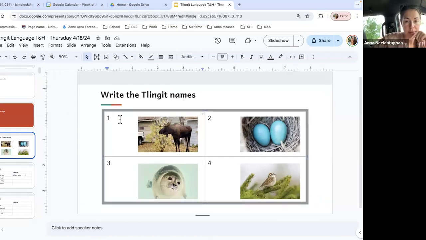So first one, wasa duwasa ya tlingit kainach. What's this one called in Tlingit? Number 1. Shukwai.